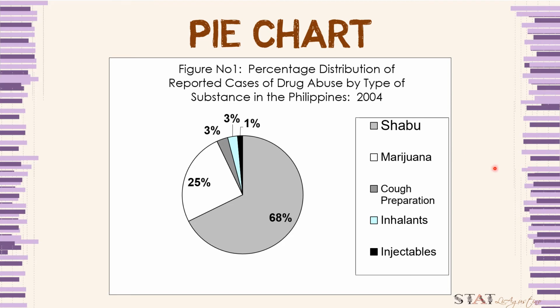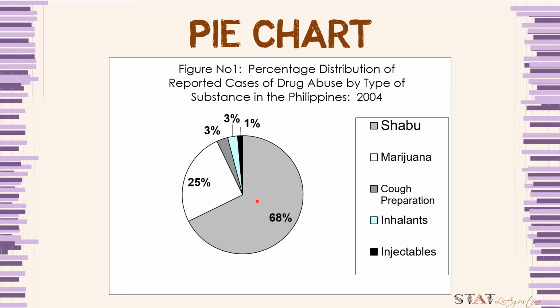So from the Philippine Statistics Authority, we have here figure number 1. This is the heading. And then the title, Percentage Distribution of Reported Cases of Drug Abuse by Type of Substance in the Philippines last 2004. So here we have the legend. In gray, this is Shabu.